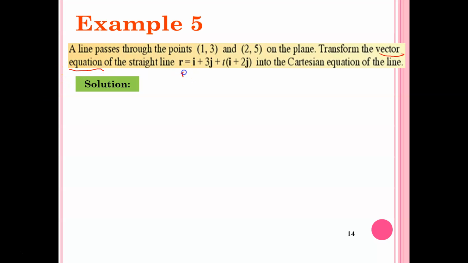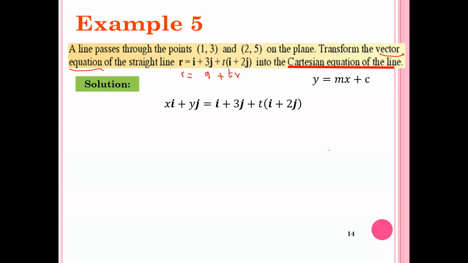This is r equal to a plus tv. The part in the bracket is actually your v, and you want to transform it into the Cartesian equation. The Cartesian equation is y equal to mx plus c. So you have xi plus yj.